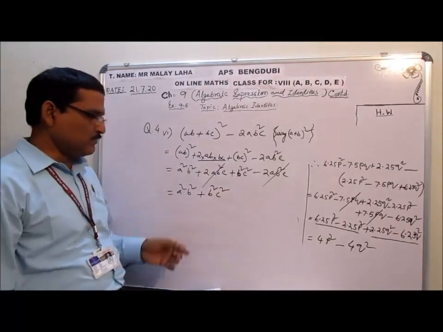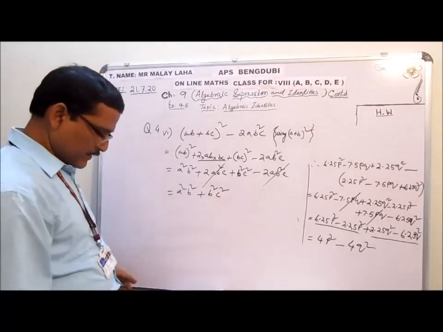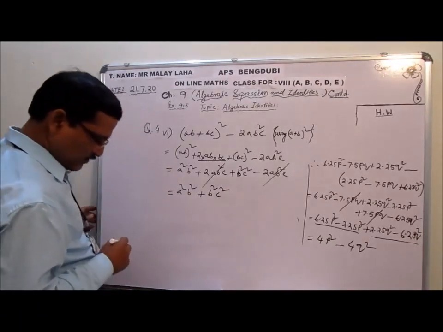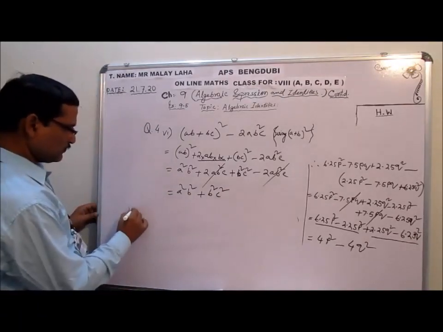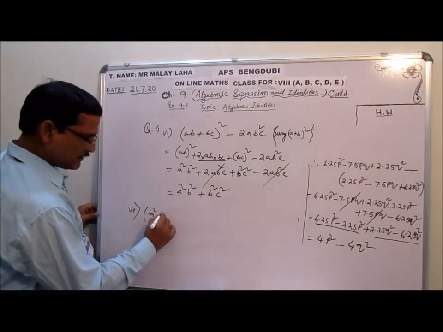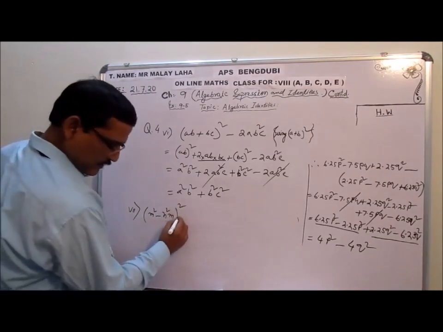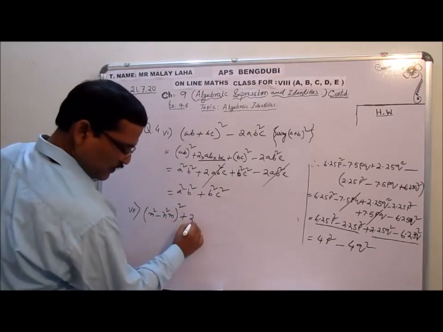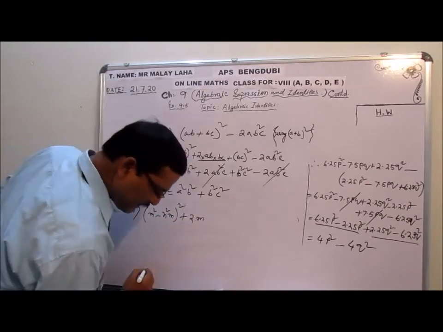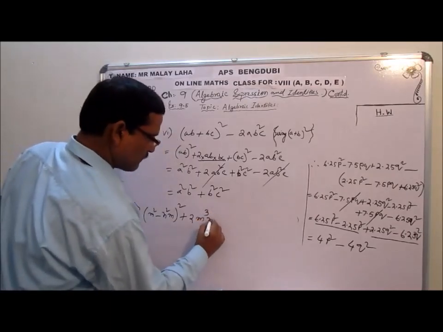You can take common but it is not required. Any doubt here? Same way, this question we can also do. (m square minus n square m) whole square plus twice m cube n square.